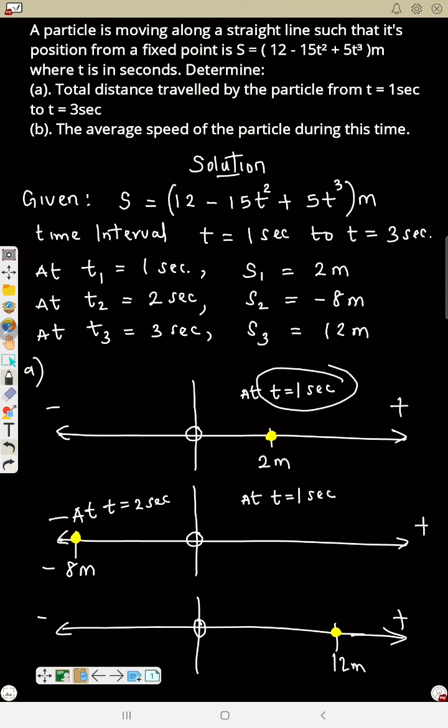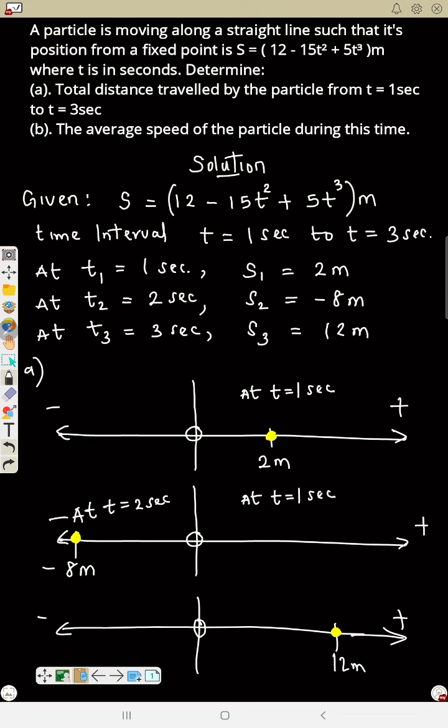After 1 second, you cover 2 meters. Then you continue, at t equals 2 seconds, that means here is east, you are already here, west. At t equals 3 seconds, you are here again. So you are changing your position with time.